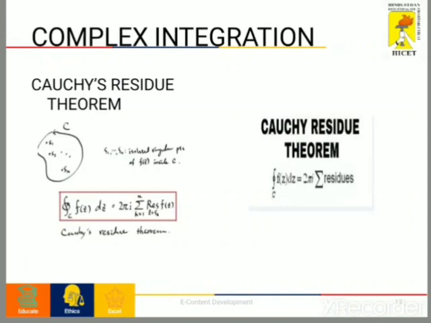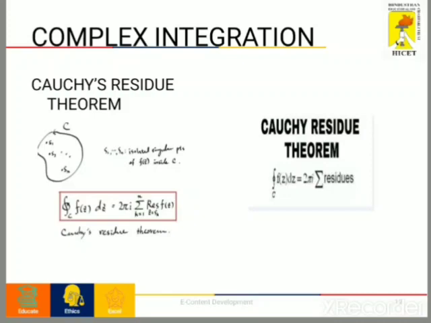Next, let me explain Cauchy's residue theorem. Cauchy's residue theorem states that the integral over c of f of z dz equals 2 pi i times the sum of the residues. We have to find the residue of the given f of z at each point. Here S1, S2, S3 and so on are isolated points.